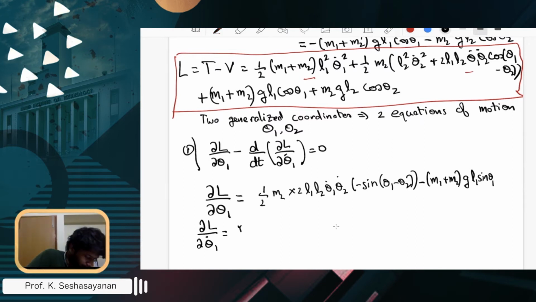For the first one, we get m1 plus m2 L1 square theta 1 dot. So this is taking derivative of this term, and then we have derivative of that term, which is m2 L1 L2 theta 2 dot cos of theta 1 minus theta 2.